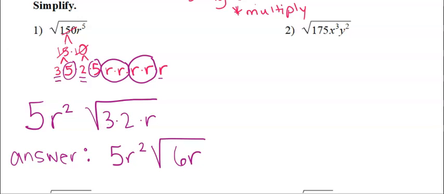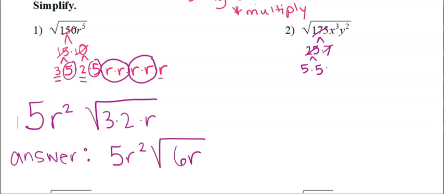So we have 175. So I think of 25 times 7. Okay, think of it like quarters. $1.75 is 7 quarters. All right, and then if we break down 25, that's 5 times 5.